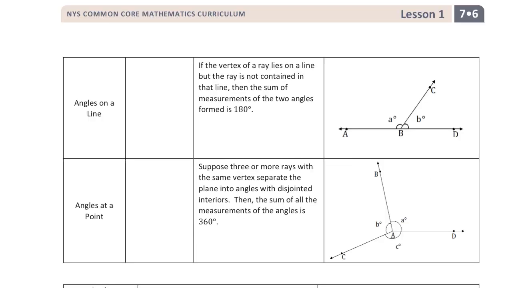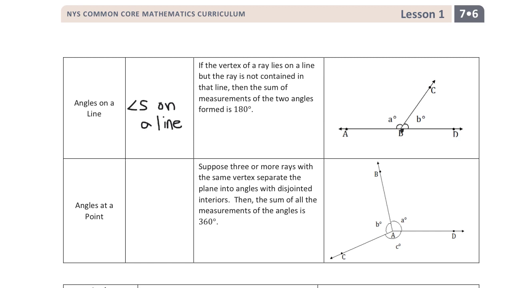Okay, angles on a line. If the vertex of a ray, so the vertex is this point right here, the center of the angle, lies on a line, but the ray is not continued in that line, then the sum of the two measurements of the two angles formed is 180.